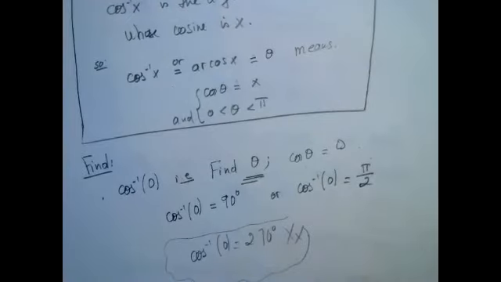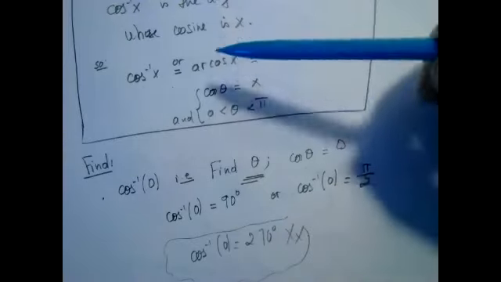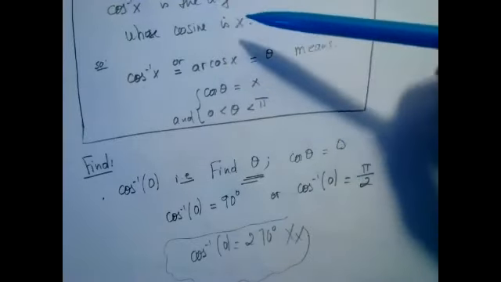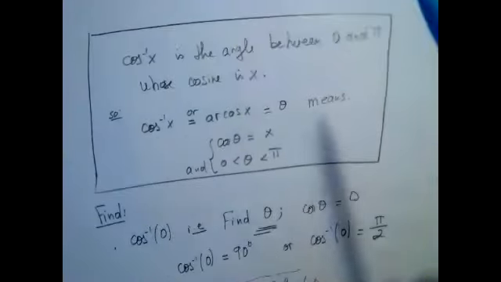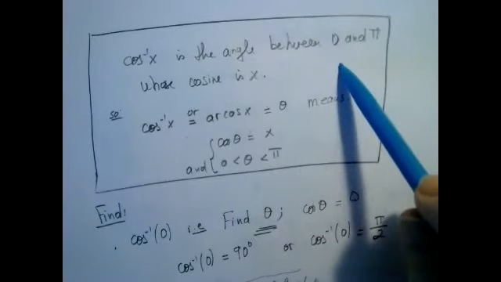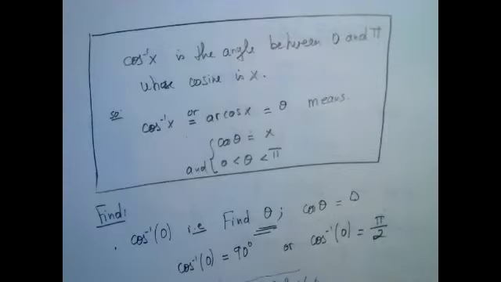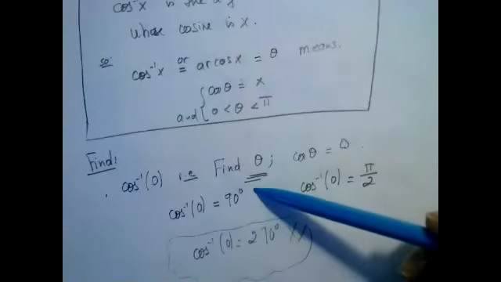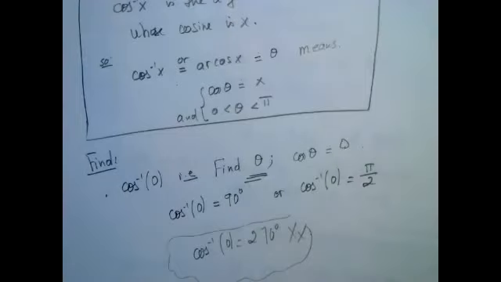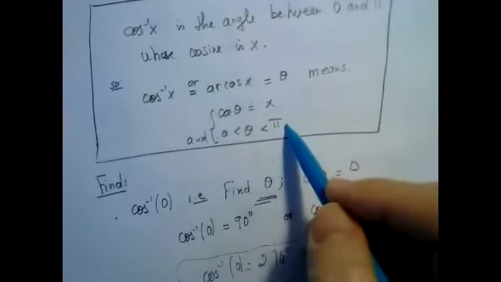The cosine inverse gives you which angle? It gives you only one, the one between 0 and pi. It means when you plug cosine inverse in your calculator, it's not going to give you 90 and 270 and 270 plus 360. It's impossible. It's going to give you one of them, the one between 0 and pi.